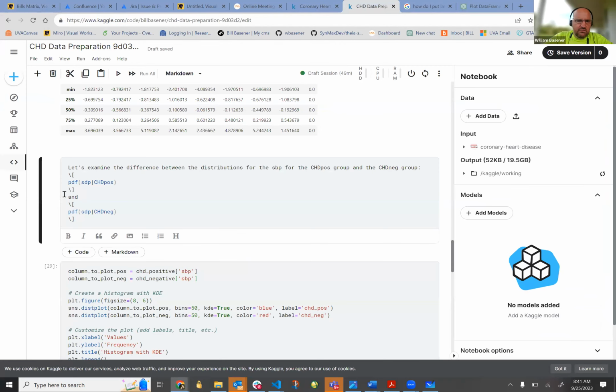Okay, so maybe I need to do begin equation. So this little bracket is LaTeX for begin equation, but maybe I really need to do it with those, which are kind of the full LaTeX notation.